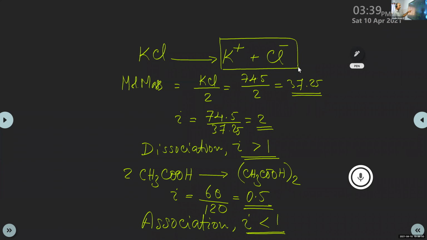Now look at the Van't Hoff factor i. What is the Van't Hoff factor i? That is equal to 2. So can you see any relation between the Van't Hoff factor and the number of ions produced from one molecule? Nandana, you try. Is there any relation?